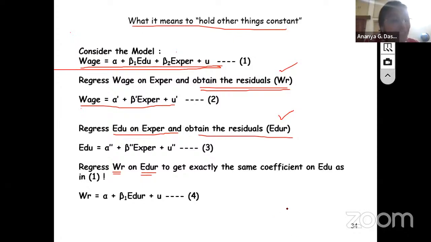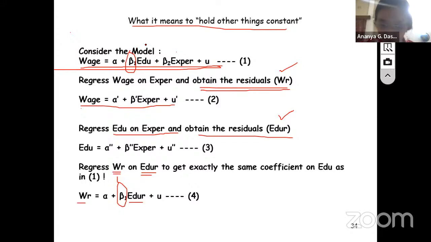Now when you regress WR on EduR, you're exactly going to get back this particular beta 1, showing in what sense you're holding experience constant. You're filtering out the effect of experience from both variables every time you run a multiple regression model.